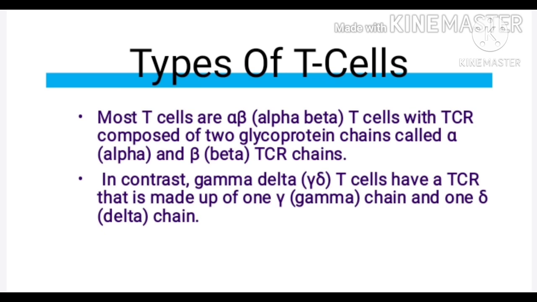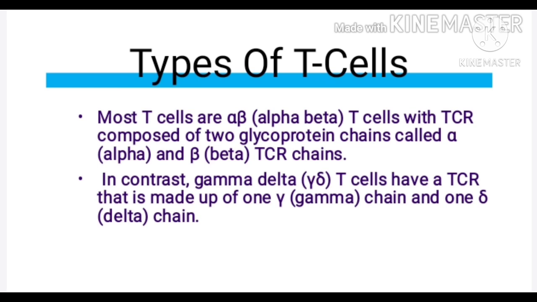Okay. In alpha gamma T cells, you can see the receptors consisting of an alpha polypeptide chain and a gamma polypeptide chain, like that. Okay. So remember, most T cells are alpha beta T cells with TCR composed of two glycoprotein chains called alpha and beta chain.